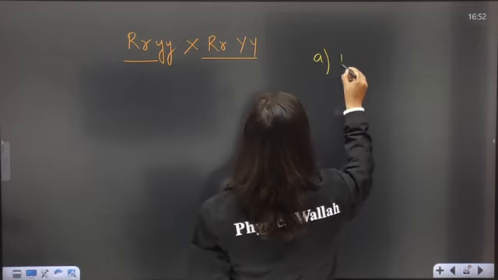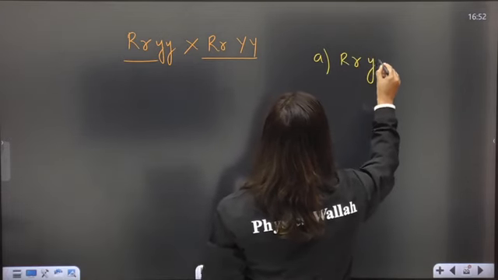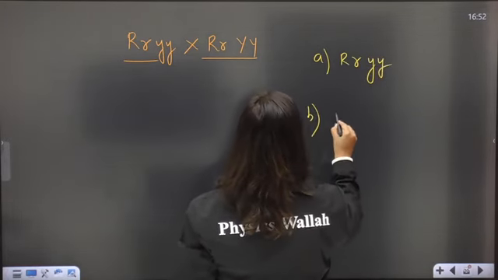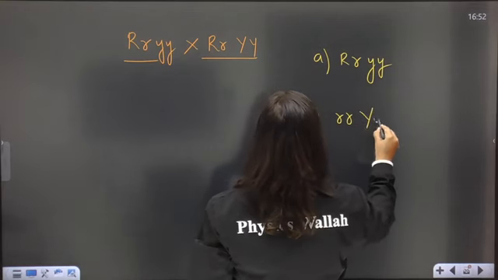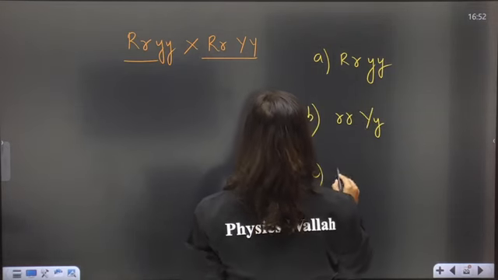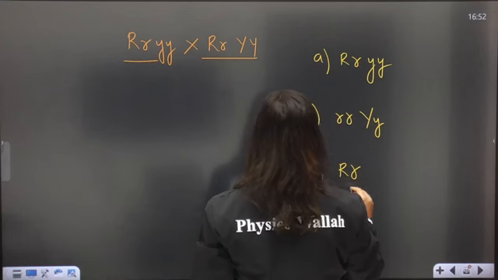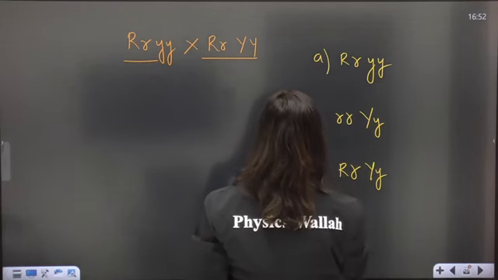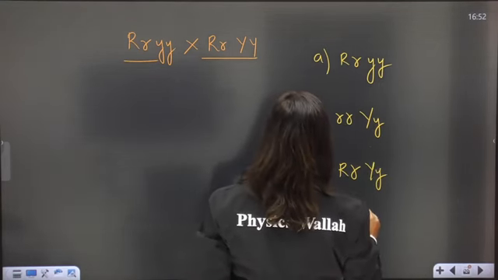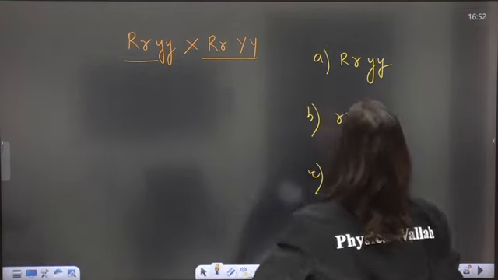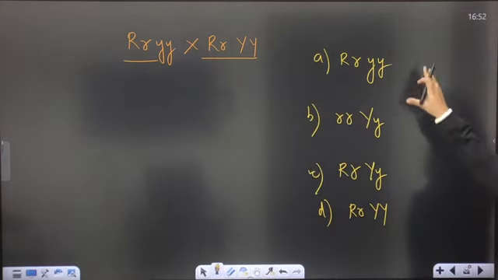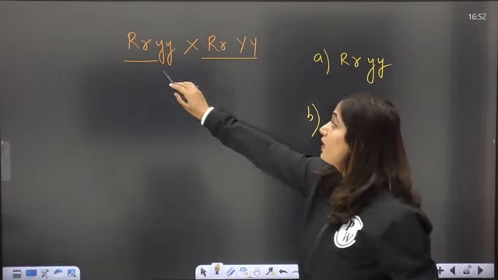A, B, C. Okay. Let's find out the probabilities of these 4 genotypes when these two are the parents.